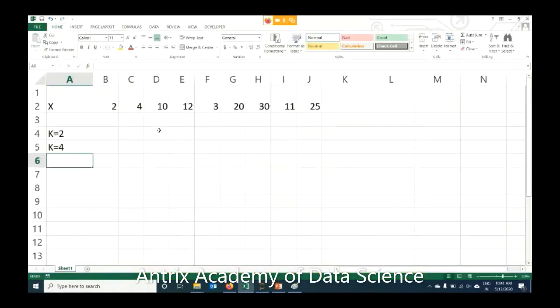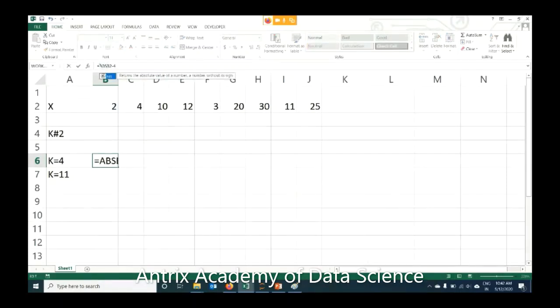First is 4, and I write the second on the same line, 11. These two centroids will be used to get a distance to the existing values, and we take absolute values of the distance from your centroids. So for K1, which is 4, if you subtract it from each number, you will get positive and negative values, so I use ABS, which is the absolute value.